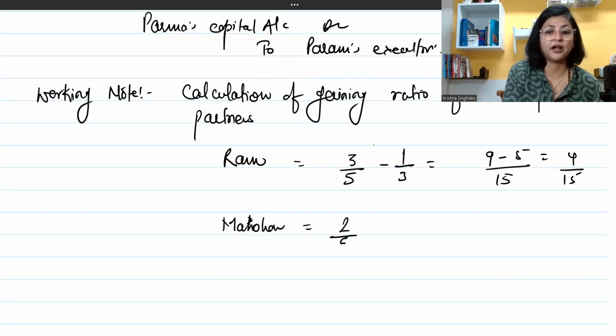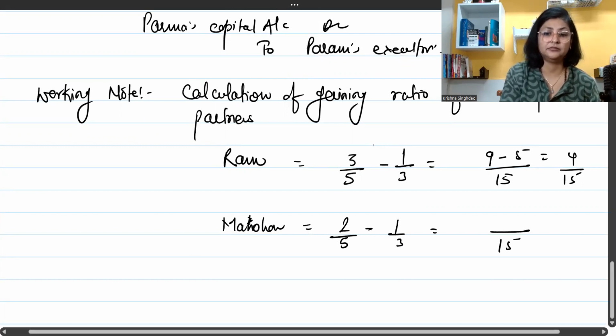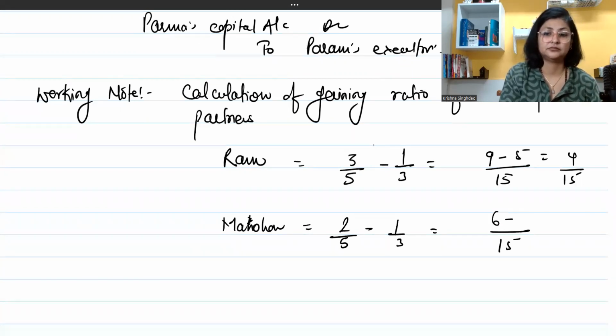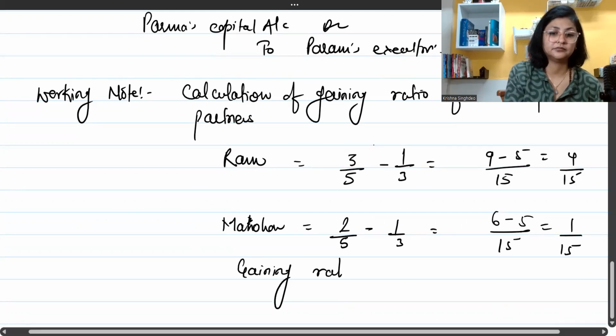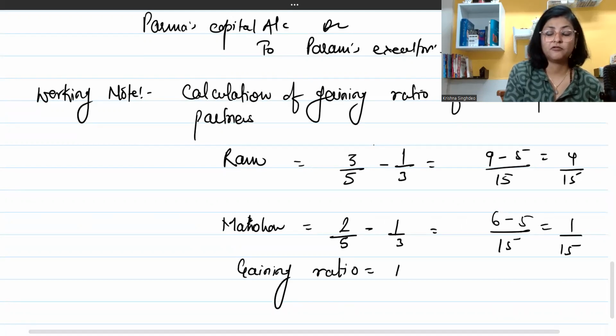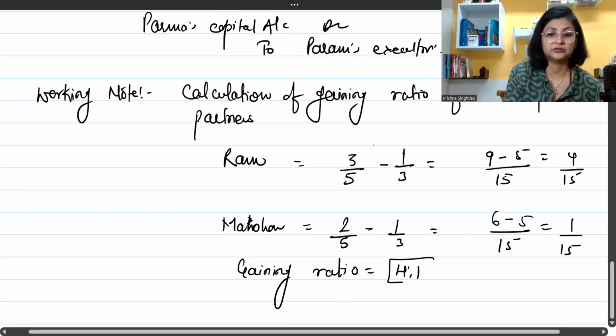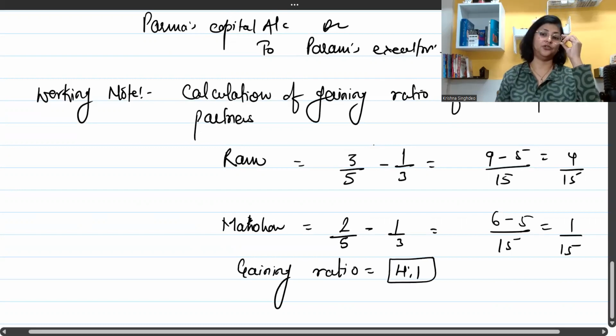It is 2/5 minus 1/3. Again, 15. So it's 1/15. So gaining ratio is 4:1. This is the gaining ratio.